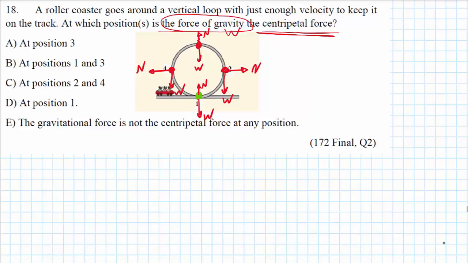The centripetal force is always directed toward the center of the circle. So in position 1, it's up. In position 2, it's to the left. In position 3, it's downward. In position 4, it's to the east. So which one matches the weight? In number 3, the centripetal force here is represented by the weight. So I will choose number 3.